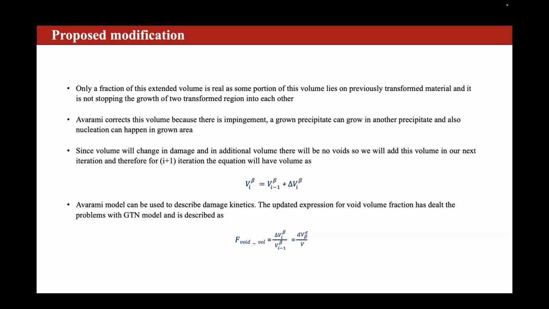So if you look in terms of void volume fraction, then the void volume fraction will be the volume that has grown in the ith iteration to the ratio of the original volume of matrix in the i minus 1 iteration. That will define the void volume fraction.